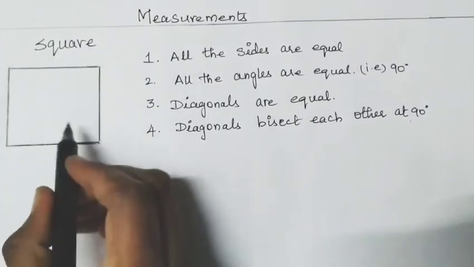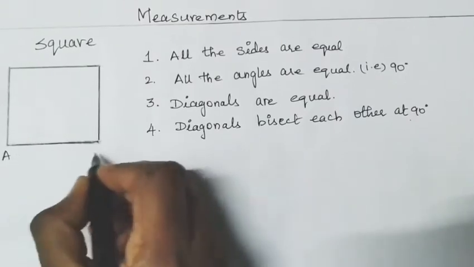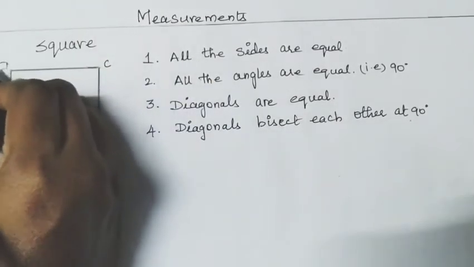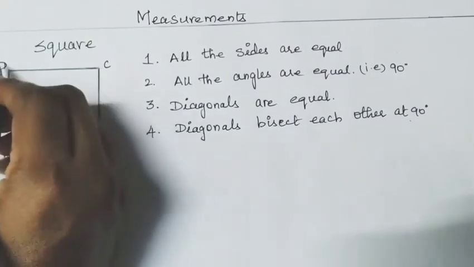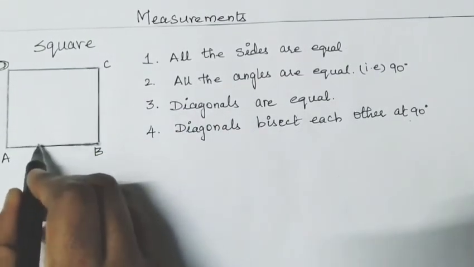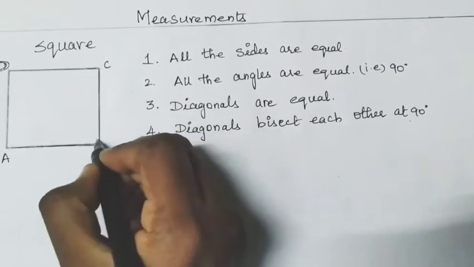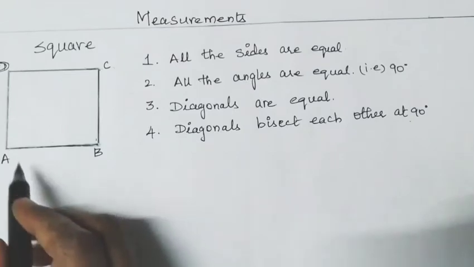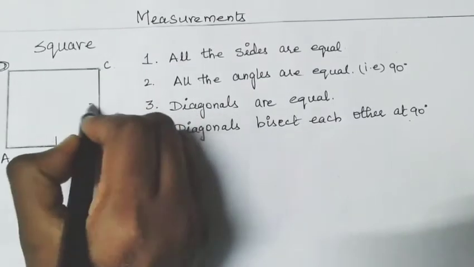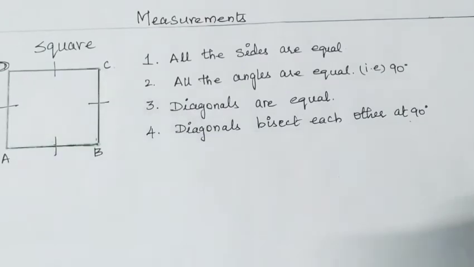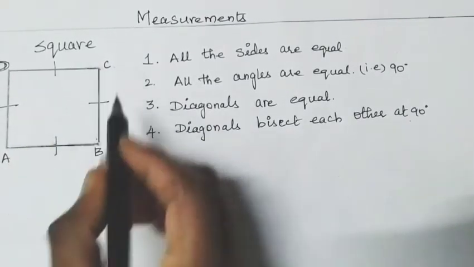So, square. We'll name it as A, B, C and D. It has four equal sides, AB, BC, CD and DA. So all the four sides are equal and opposite sides are parallel.